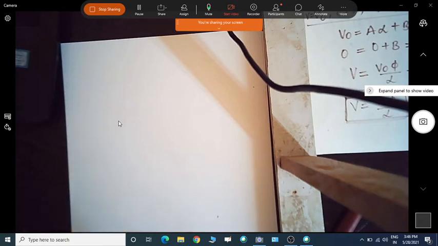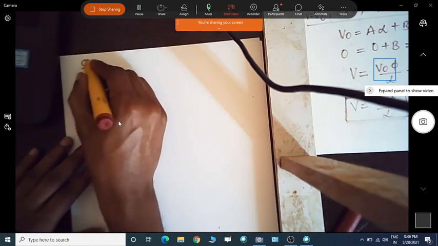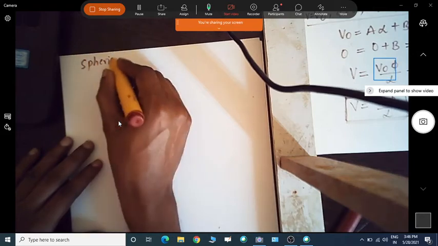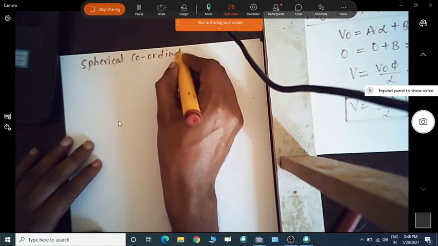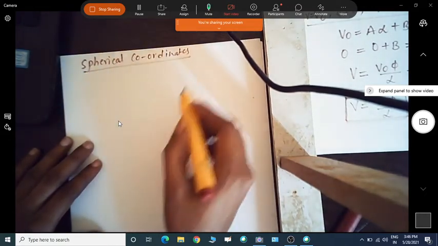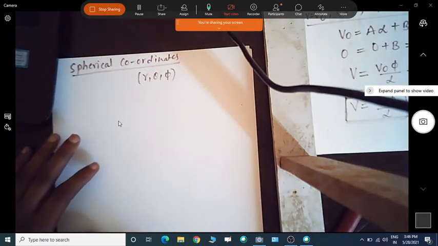It is a function of r, theta and phi. Okay. So now we have the spherical coordinates. So now this is the function of r, theta and phi. Okay.